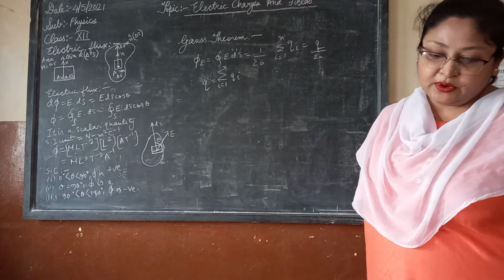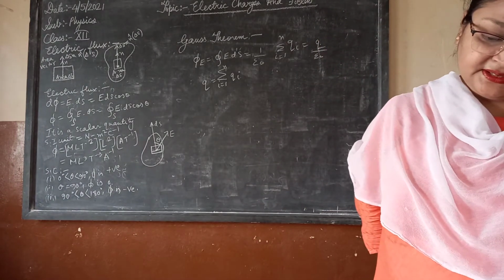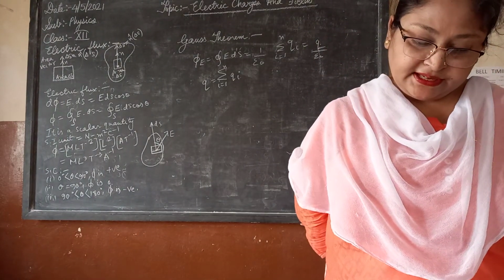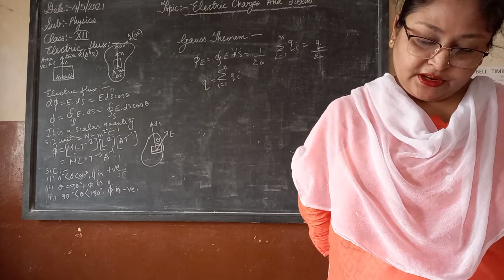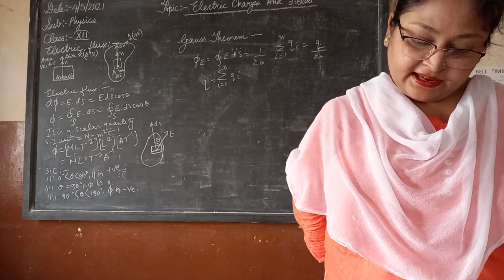It is a scalar quantity, we know it very well. This is the reason why it is a scalar quantity, which is proportional to the number of the field lines cutting the area element.